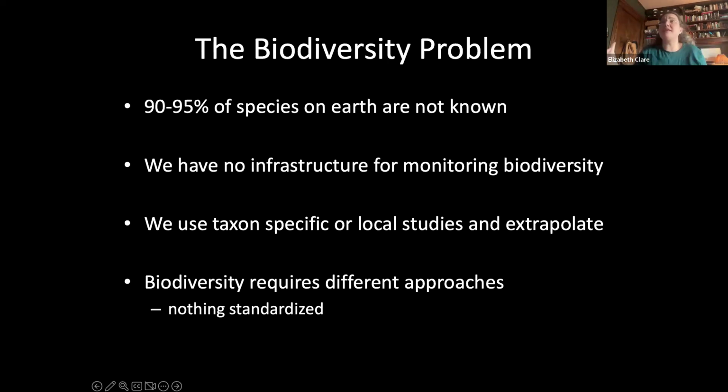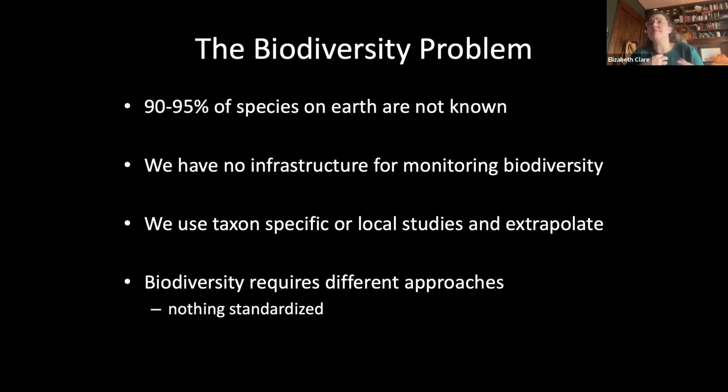And then we try to extrapolate up what that means for the rest of the country or the rest of the neotropics or the rest of the planet. So we take these very, very specific local studies and we try to bunch them together to generate a picture of what biodiversity is and how it is changing. But no scientist would ever plan an experiment that way. You don't do that largely. So what's the problem here? The problem is that biodiversity has no standardized approaches, very, very little.